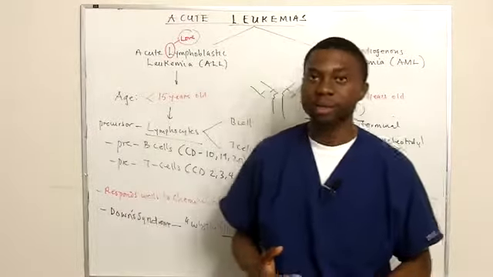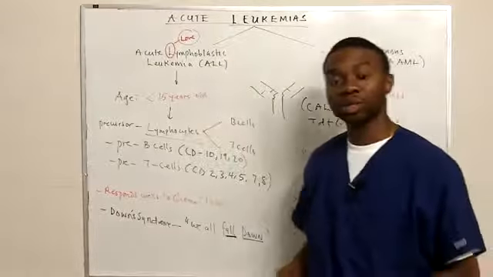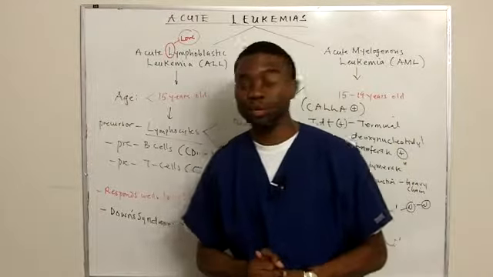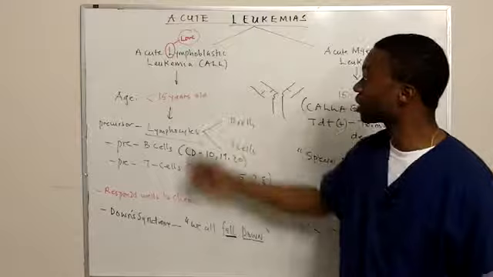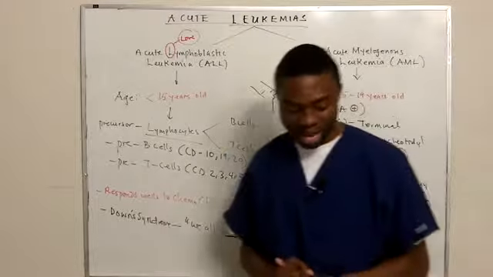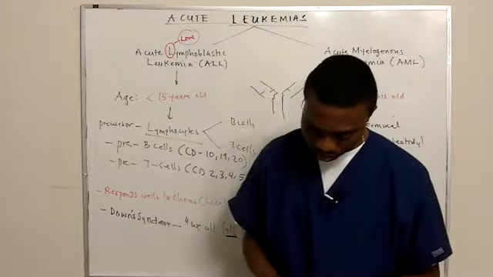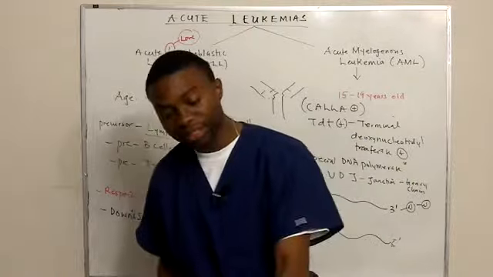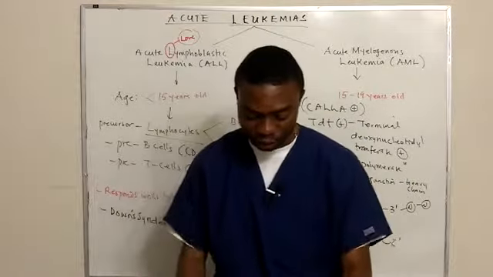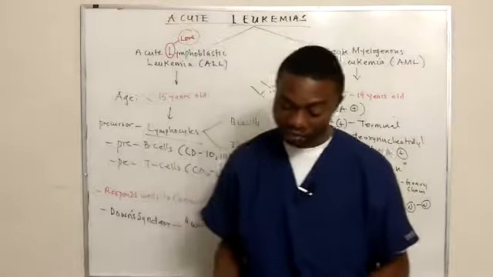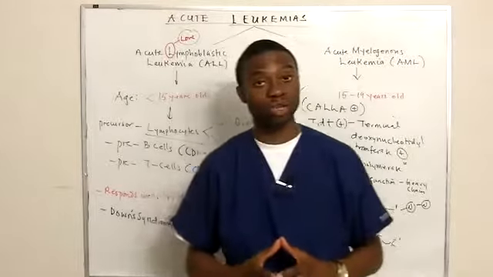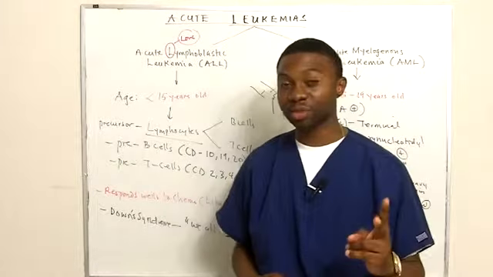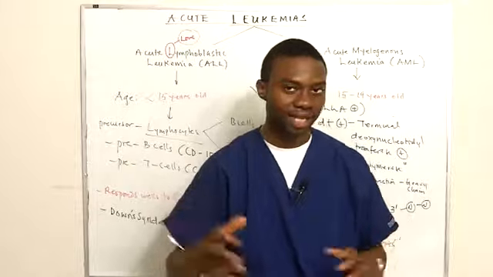But you have to detect it by doing a bone marrow biopsy to be able to see these immature cell lines inside ALL. Now, remember, this disease is very, very responsive to chemotherapy. However, it could have a bad prognosis if the patient is less than 2 years old or greater than 9 years old.